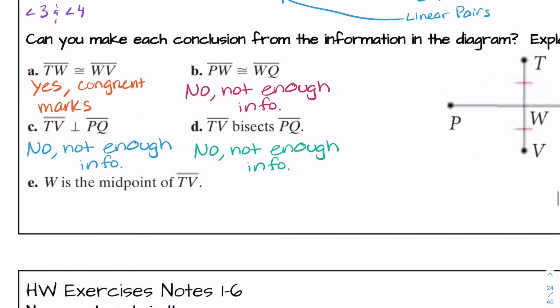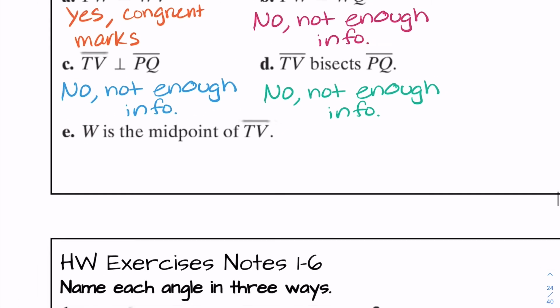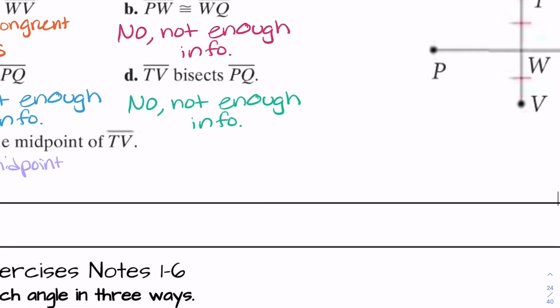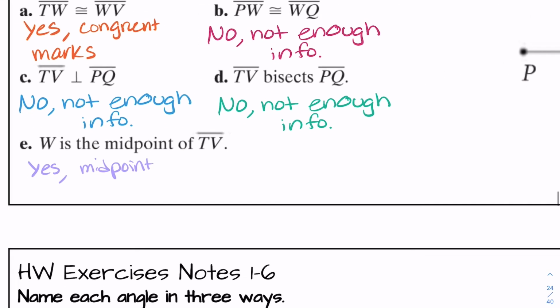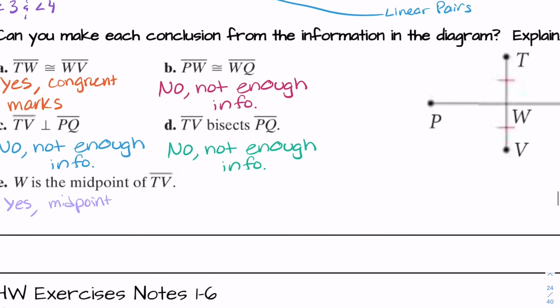And W is a midpoint of TV. This one is true. W is a midpoint of TV. That's true because of our tick marks. It has to be a midpoint. So we're going to say yes. It's a midpoint because it is equidistant in the center. I want to use the exact language here. Midpoint.